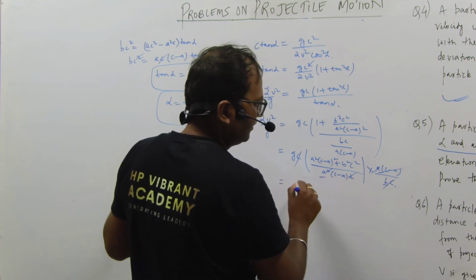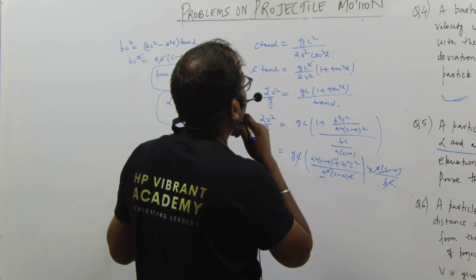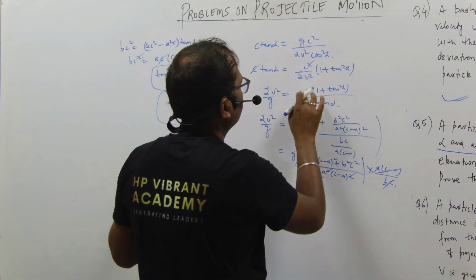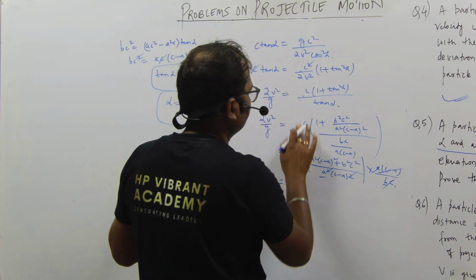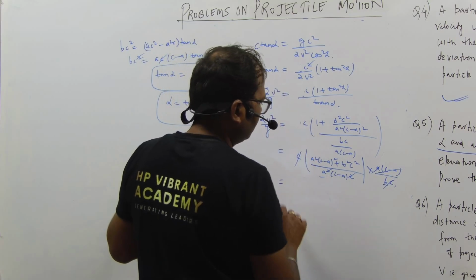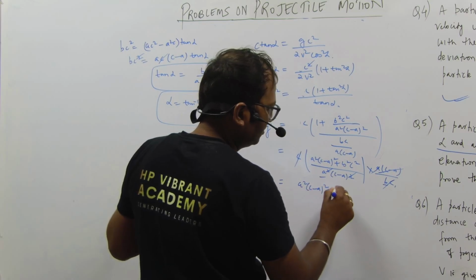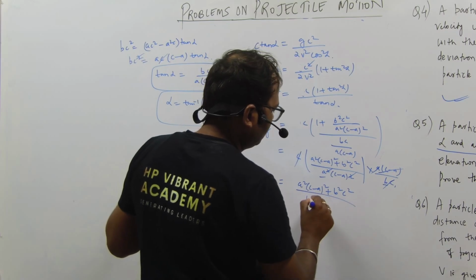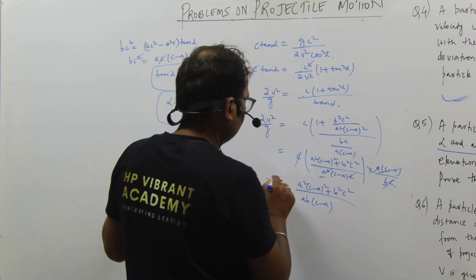Sorry, g we have already taken in the LHS portion, so g will not come here. So we have a square into c minus a whole square plus b square c square upon ab into c minus a. This is 2v square upon g.